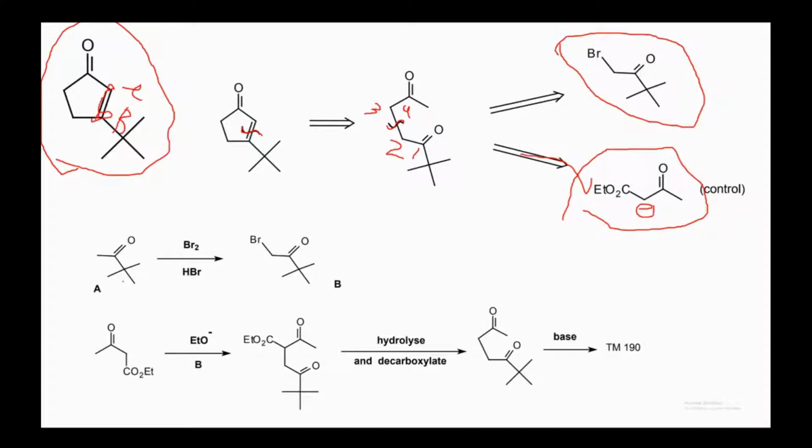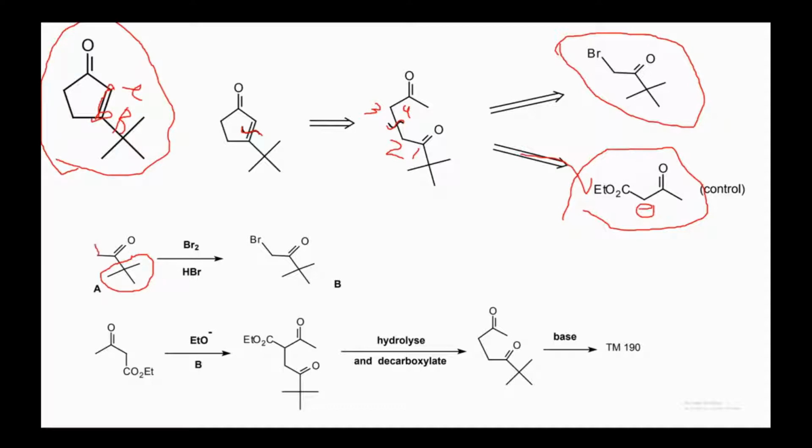So how can we do alpha bromination of the ketone? This is the alpha position and this is also an alpha position, but as you can see, this side is blocked. There are no alpha hydrogens, so bromine cannot be added from this side.